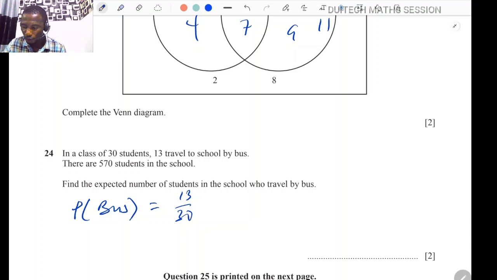Now find the expected number of students in the school who traveled by bus. If out of 30 students, 13 travel by bus, then out of 570 students we want to know how many of them travel by bus.